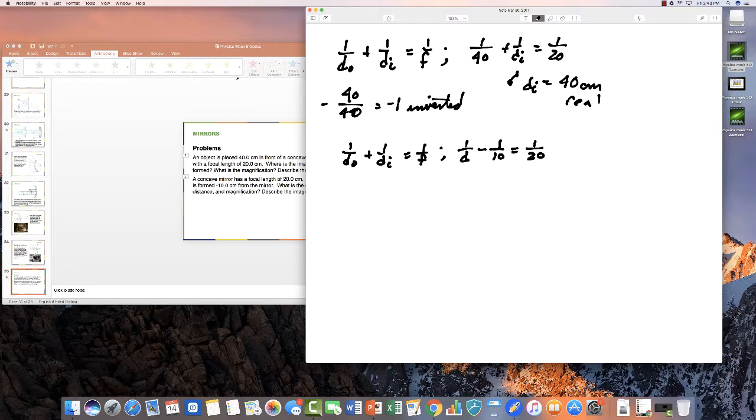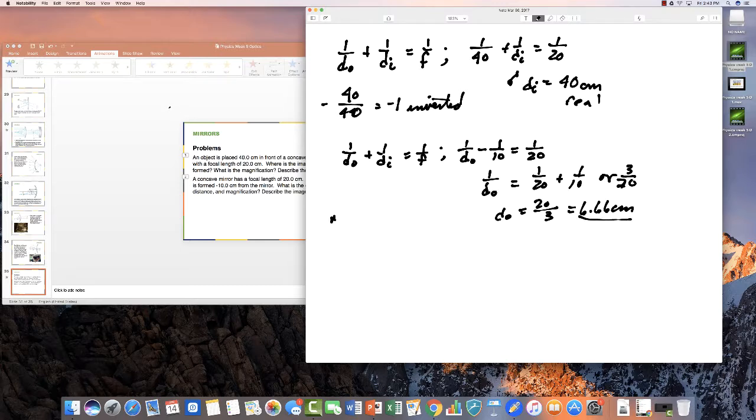So 1 over d0 is going to be 1 over 20 plus 1 over 10, or 3 over 20. So d0 is 20 over 3, or 6.66 centimeters. So it is closer than the focal length.